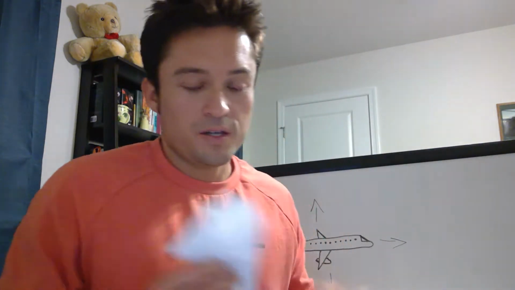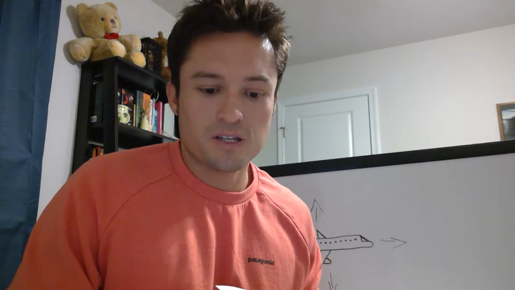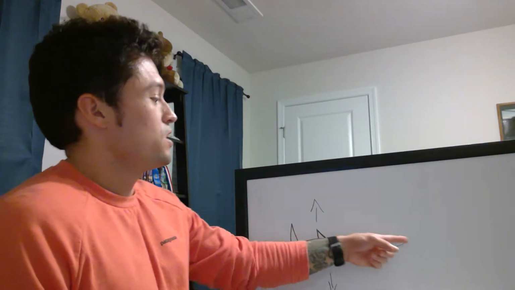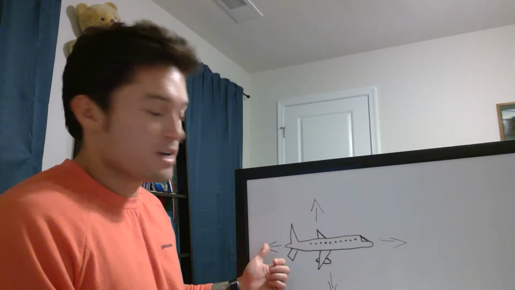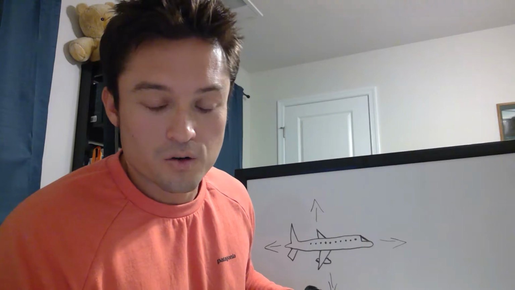The way the forces work in an airplane makes it do different things, and each force has an opposite force against it. So of course thrust is the opposite of drag, and lift is the opposite of weight.